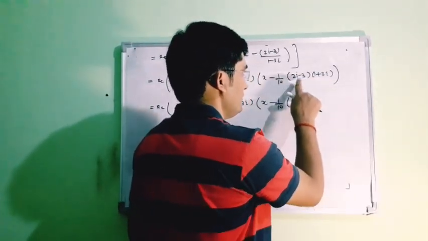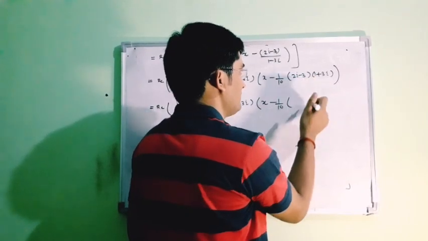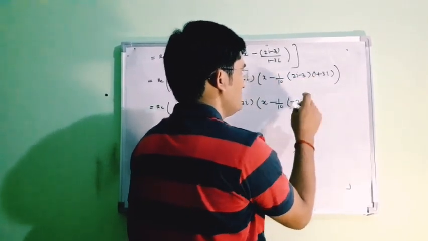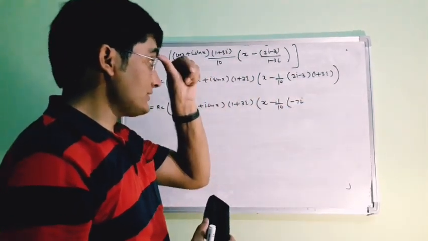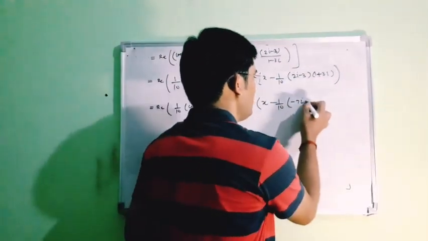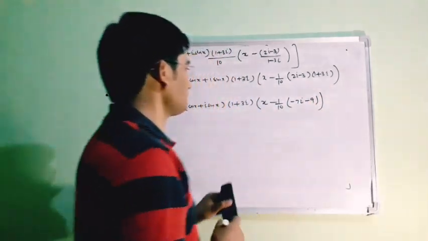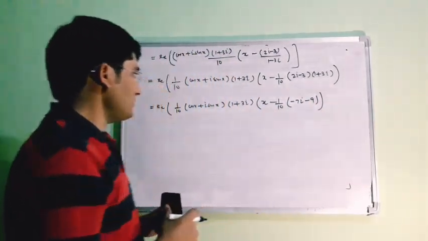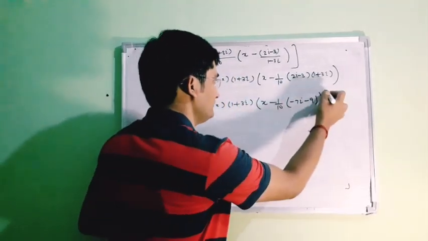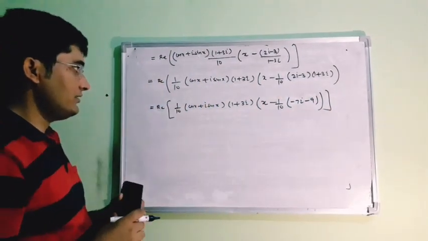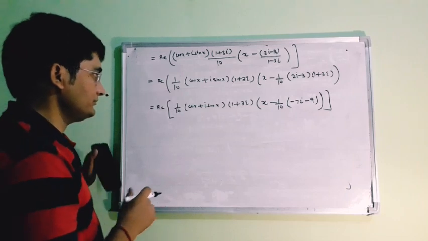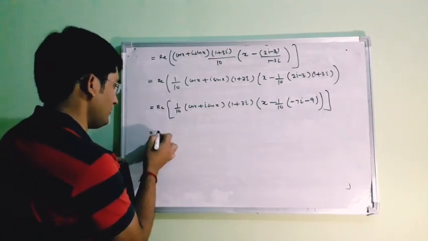So this will be 2i minus 9i, that means minus 7i. Then 3 times 2, that is 6i square, i square is minus 1, so that means we have minus 9. Now as we need only the real part, now let us simplify this one.